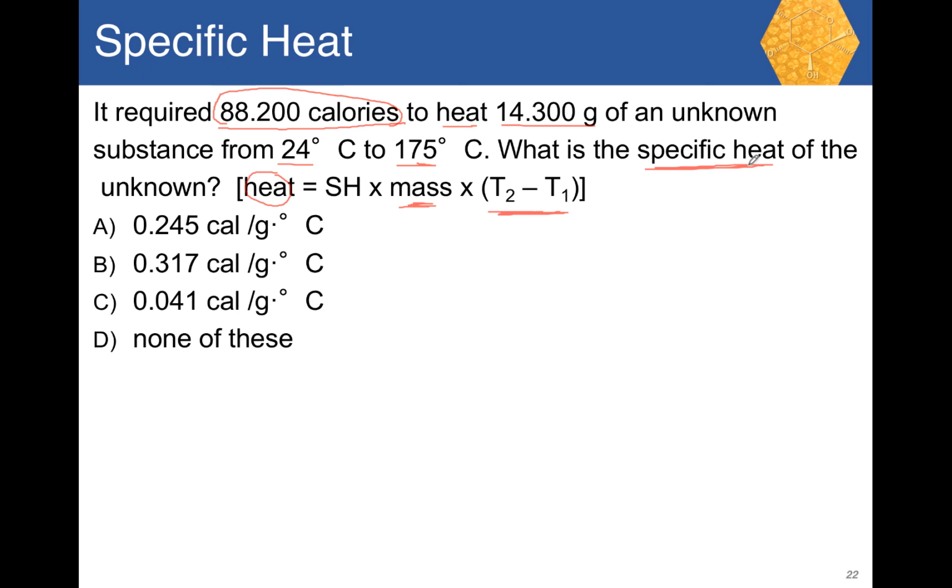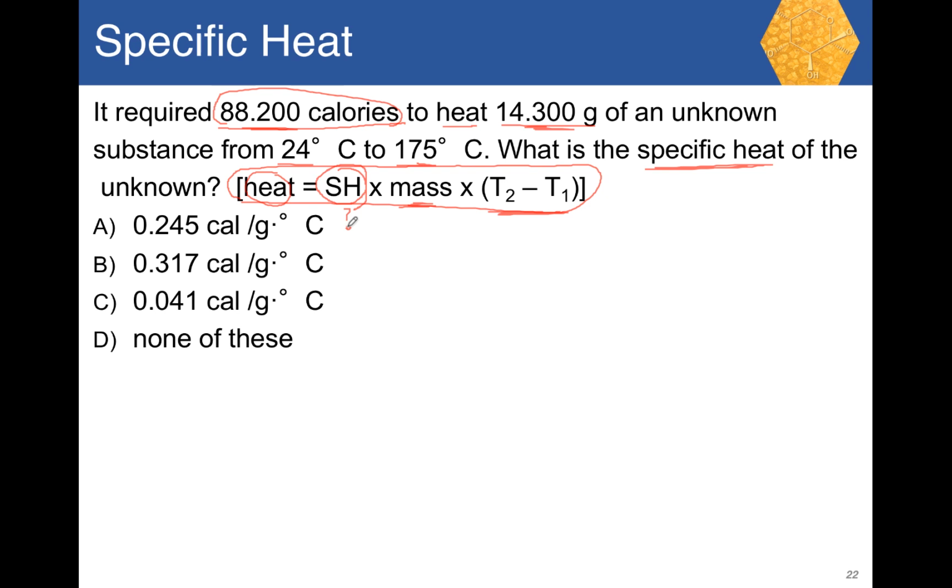So again, think it through carefully and analyze what's being asked. So get your calculator and get a sheet of paper and write down this equation here and substitute these numbers into this equation. You will see that the only unknown is this specific heat in that equation.